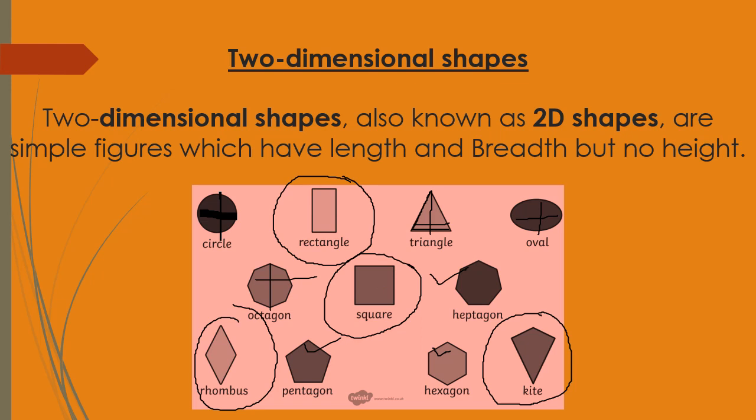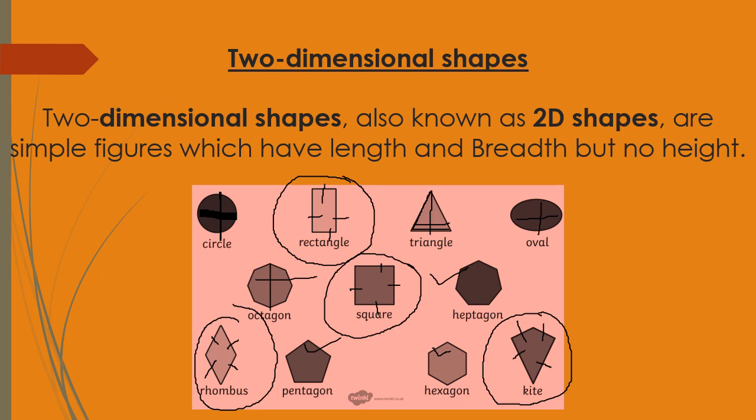Can you see how many sides there are? This one has 1, 2, 3 and 4. This also 1, 2, 3 and 4. This one also, and this one also. So all four of these figures have four sides.